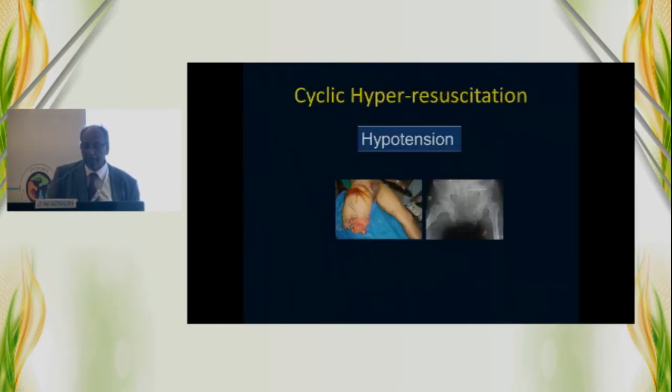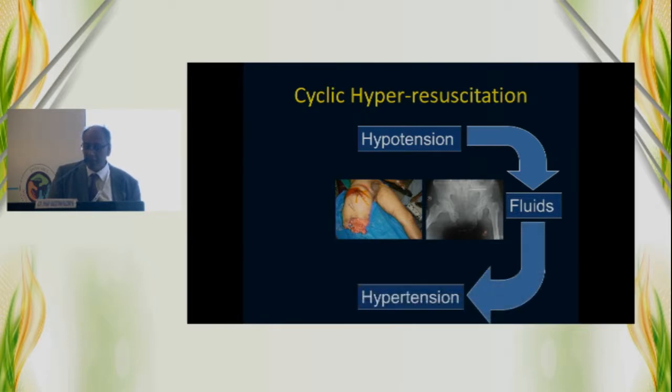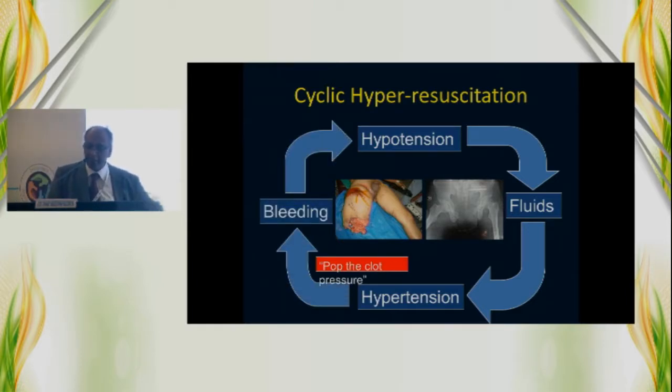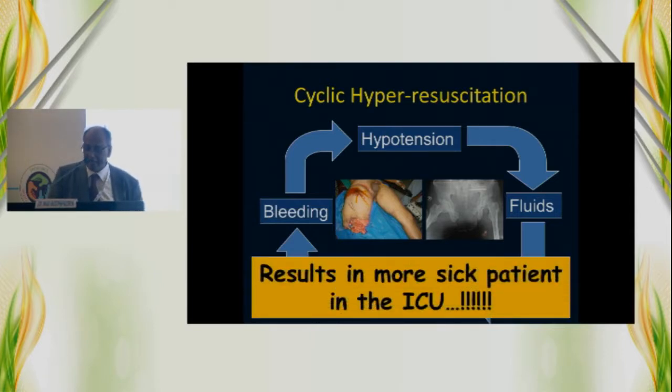So the cyclic hyperresuscitation cycle: you have a patient in hypotension, you give him fluids, his BP comes up, and then the clots that had formed because of the hypotension pop, and they start bleeding again, and they then go down to hypotension, and this cycle gets repeated again and again, resulting in a more sick patient in the ICU.